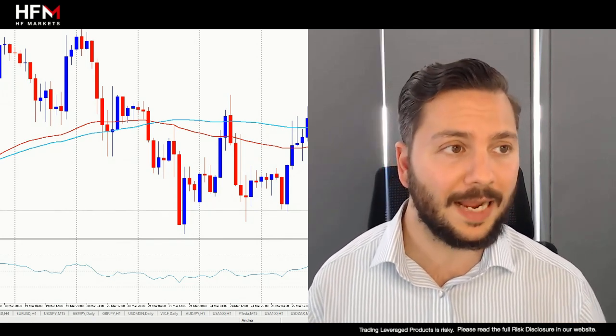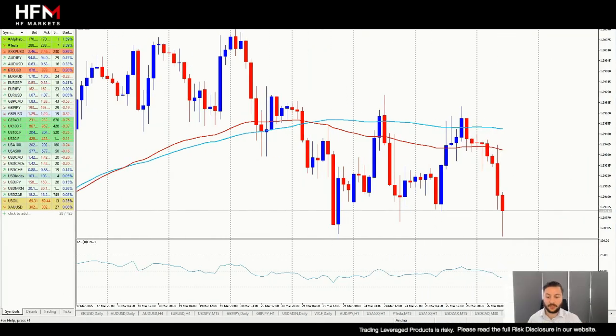So as part of today's session, we're going to be looking at two factors. Of course, we're going to be looking at why the British pound is the worst performing currency of the day, why it's seen so much downward momentum, what is triggering that price movement. But the second aspect, and this is probably the most important, is: is that downward momentum going to continue, or are we going to see a correction?